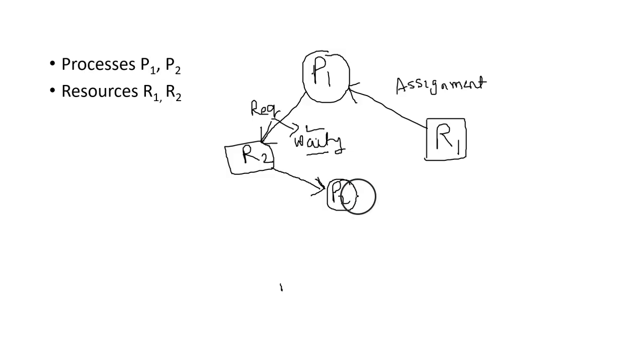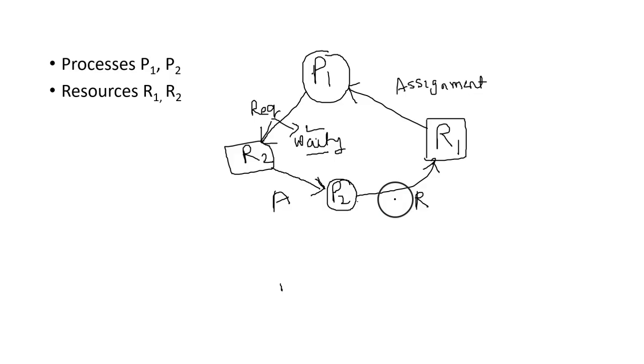Another thing is that this process P2 has resource R2. This is basically an assignment edge, and this P2 is requesting for another resource. This one is the request edge. That other resource is R1. So in this case, R1 is assigned to process P1 and is being requested by process P2.